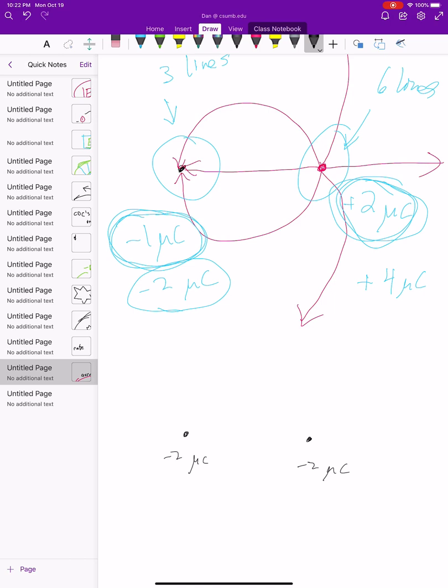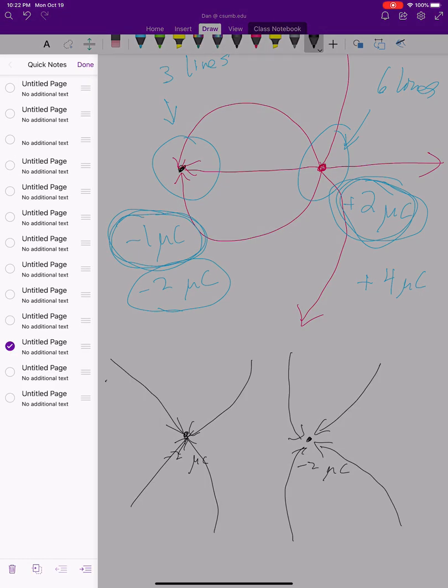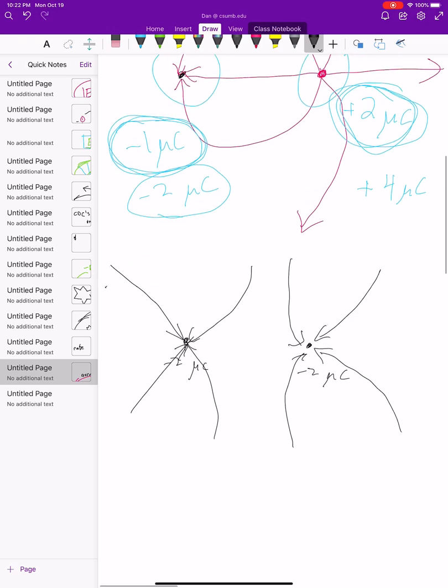I'd have field lines approaching them from elsewhere. So if I put them together, I actually have a net of -4 microcoulombs of charge.